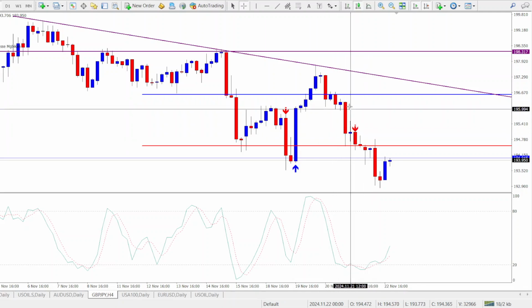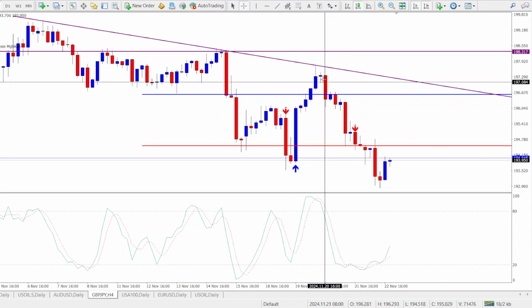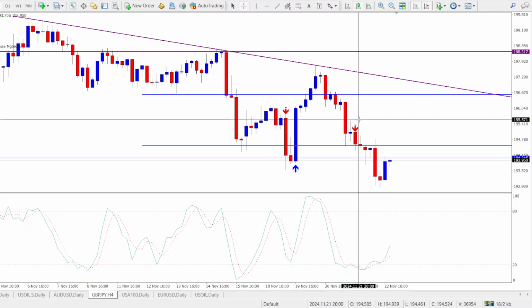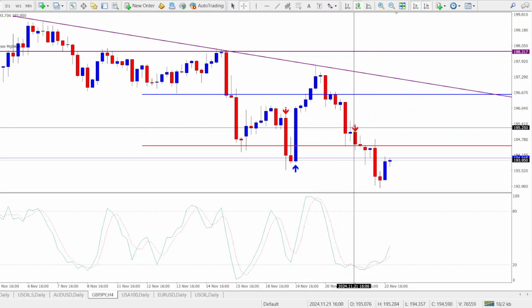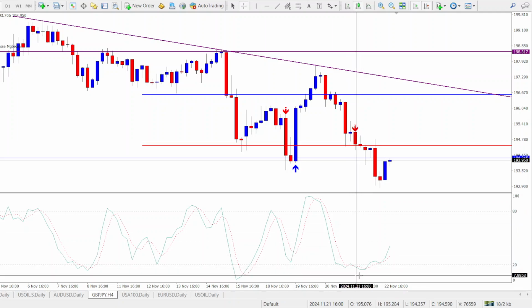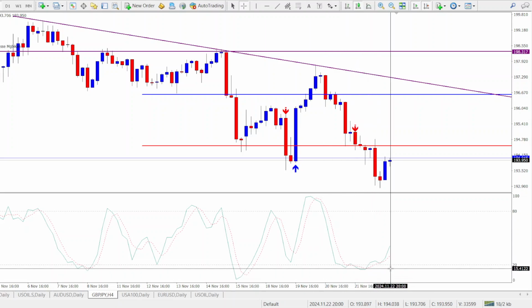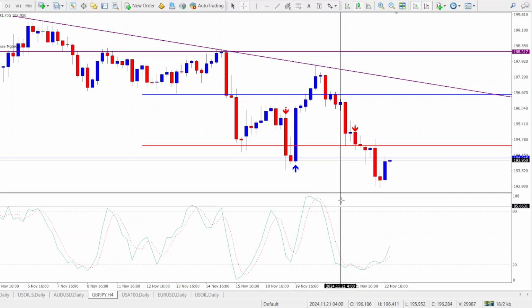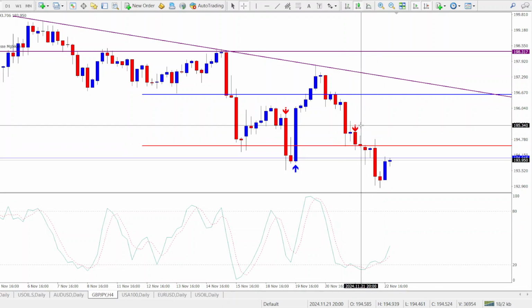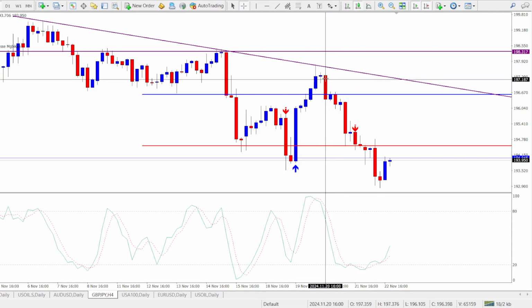So the sell signal came after the sell signal from the trend line. In addition to that, we can see that the stochastic did not exactly confirm the sell at this point because it was in the oversold territory. So to be on the safer side, we should have stayed out of this particular trade, unless you had entered the sell here after you got the signal from the trend line.